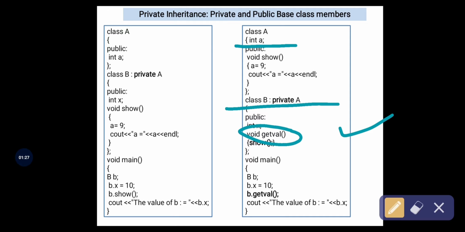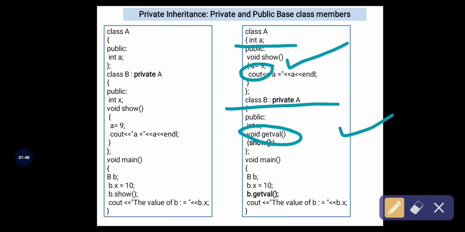Now, what we need to do is access the private data of the base class using a public member function of the base class. So if you look at this, A is equal to 9. So we are accessing the private member of the base class through a public member function.